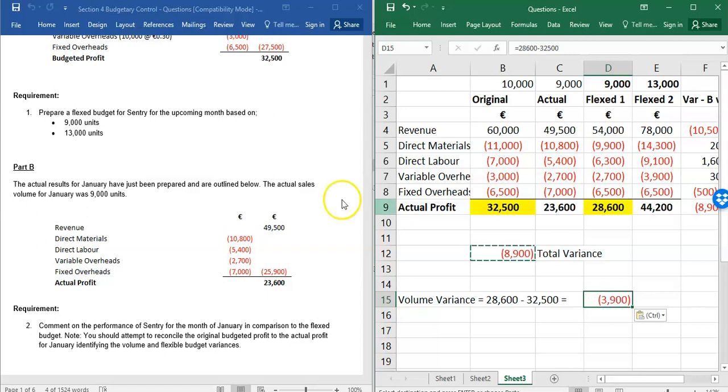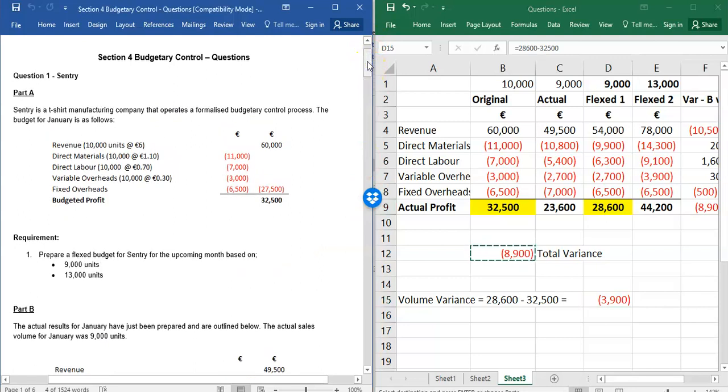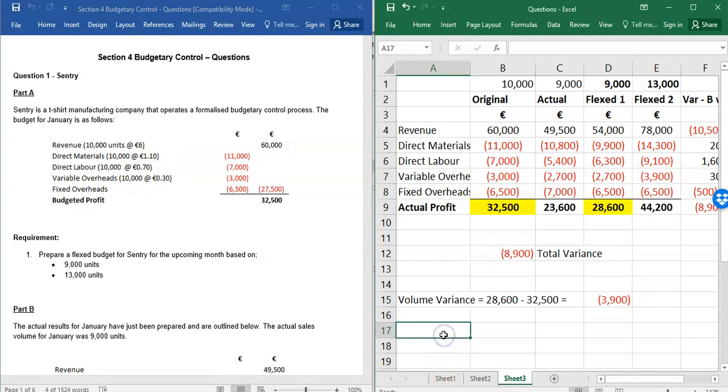Right? Just out of interest, and for revision of CVP as well, that can also be derived by saying, for every unit, if you think of the contribution per unit, it's €6 sales minus €1.10 materials minus 70 cent labour minus 30 cent variable overheads.